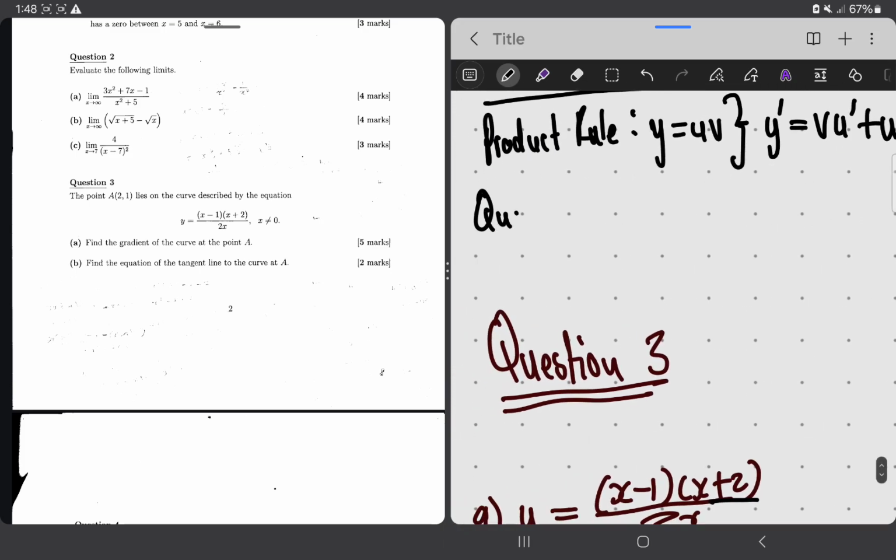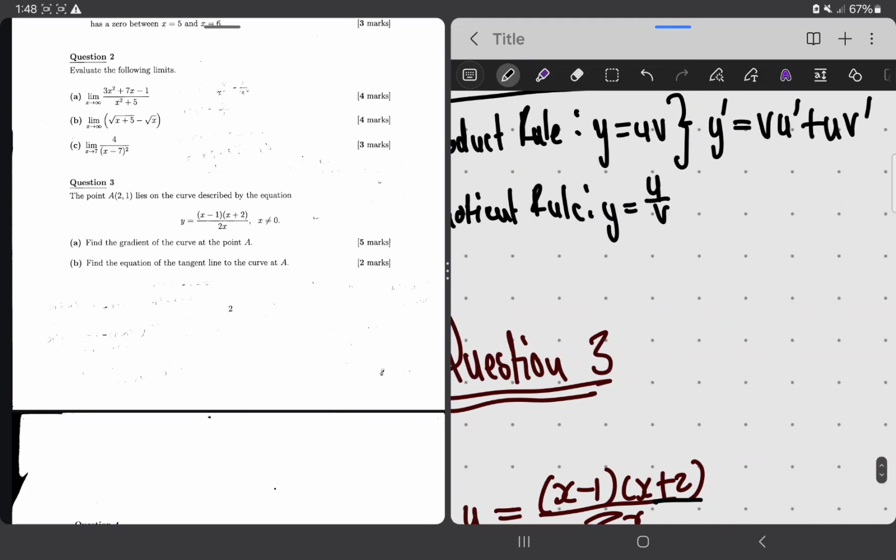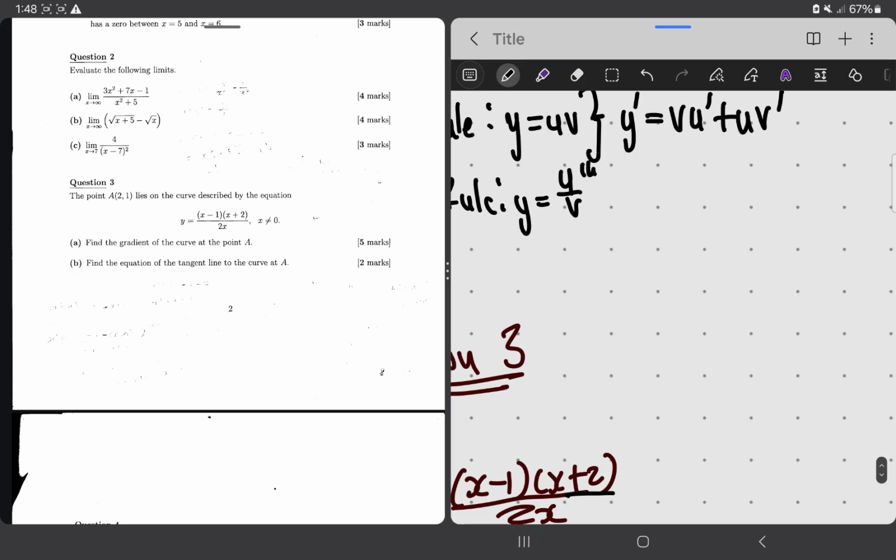Then you have the quotient rule. Never forget our rules. For y equal to u over v, you let the top one be u and the bottom one v. This is our high and this is our low.